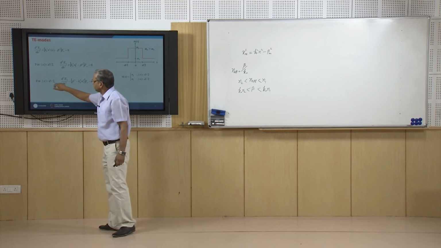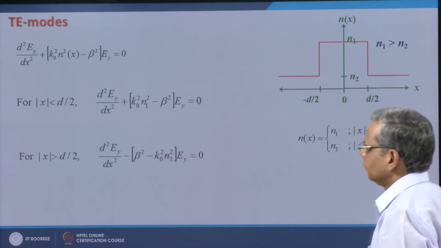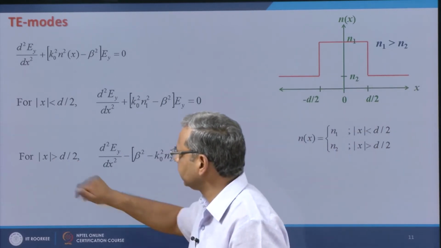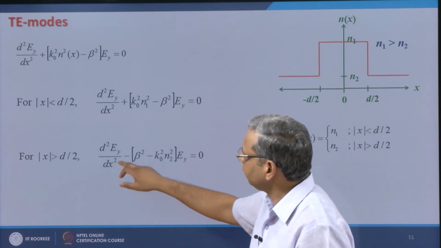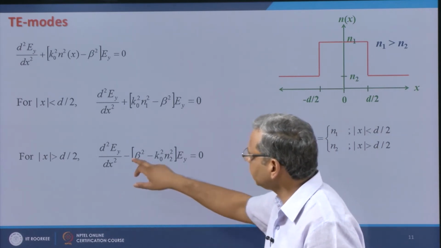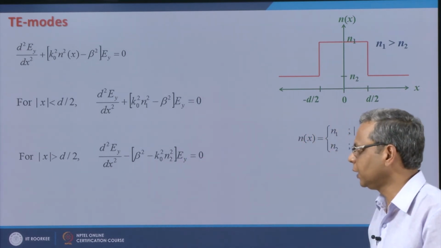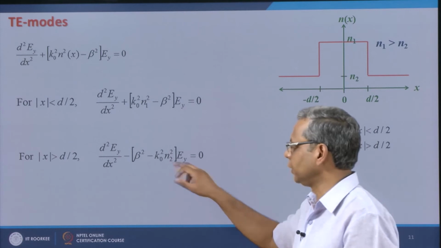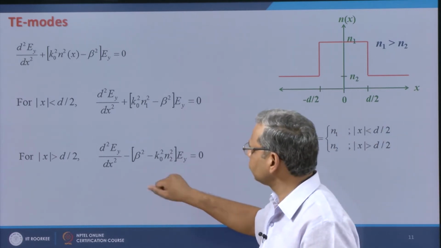So, when I write this equation now in these two regions, which are represented by mod x greater than d by 2, I write it as d2 Ey over dx square minus beta square minus k naught square n2 square times Ey, because nx is equal to n2 here. And why I have written it in this fashion?